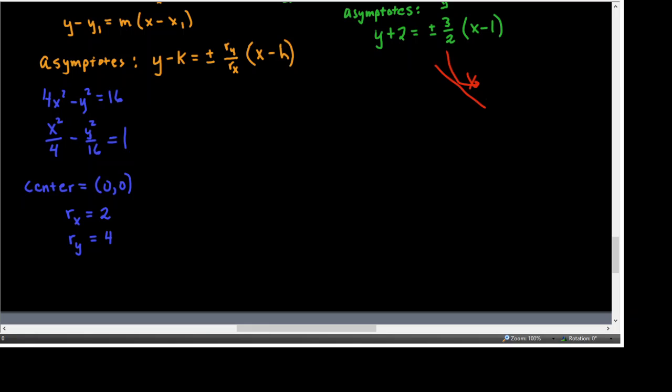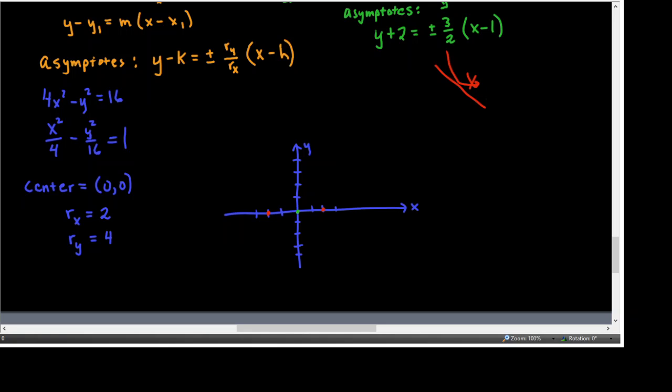Okay, so draw some marks on each of the axes. So the center is at 0, 0. The x radius is 2. So go from the center right 2 and left 2.